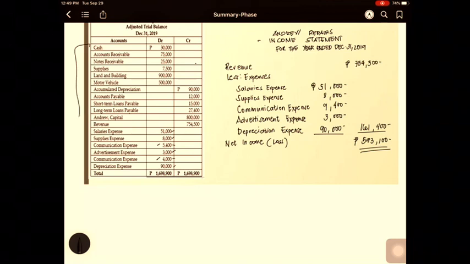Therefore, accounts that are not considered as elements of the income statement would have nothing to do in preparing now the income statement. We will use them later on when we move on in preparing your financial statements already. Okay, but for the meantime, we only deal with your income and your expense accounts.